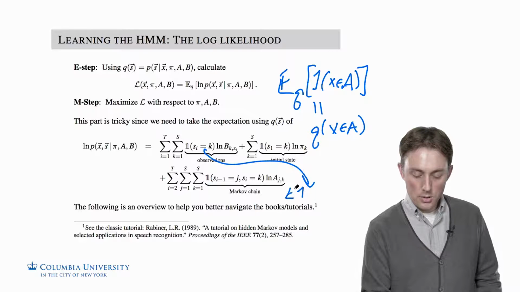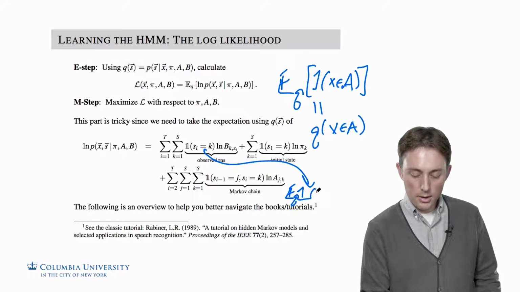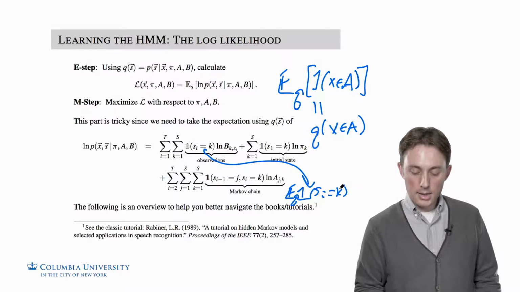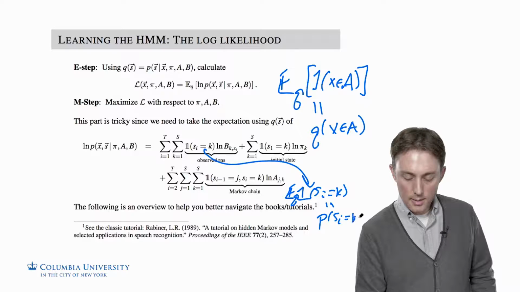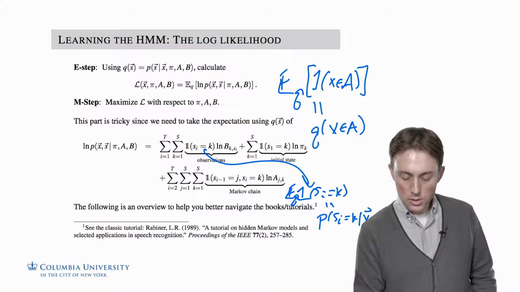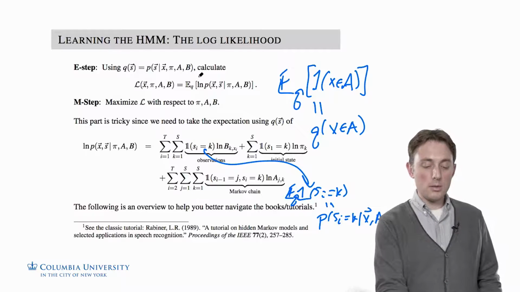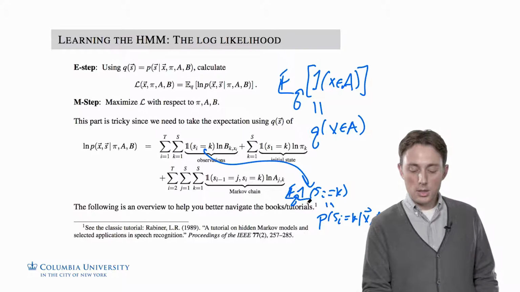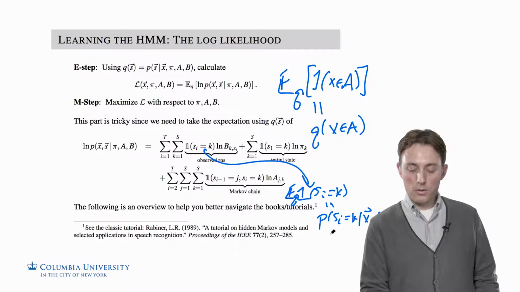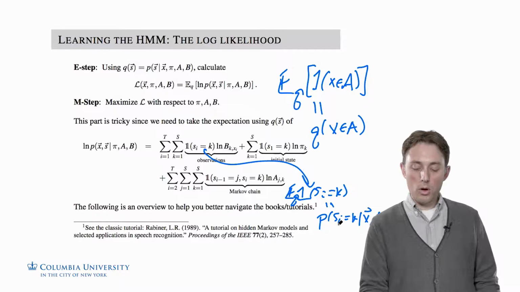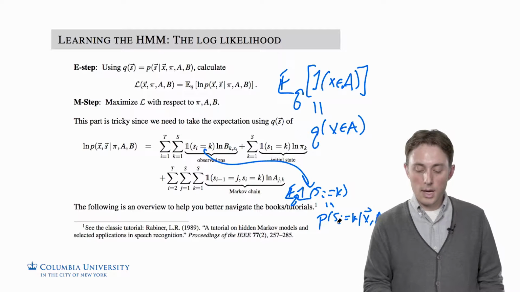The expectation, according to Q, of the indicator of being in state k at time i is equal to the conditional posterior of being in state k at time i, given X and given A, B, and pi, the parameters of the HMM. So remember, this is the full conditional posterior. The expectation of this event of being in state k at time i is simply the marginal of the full conditional posterior, where I've summed over all states except for the ith at time i.